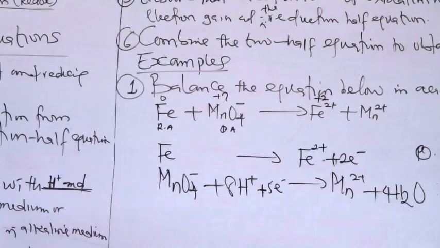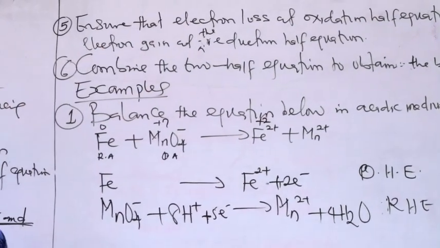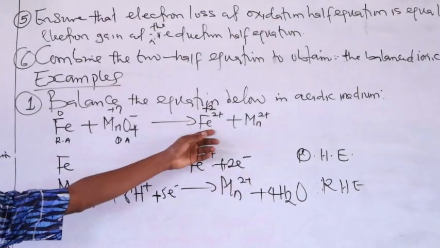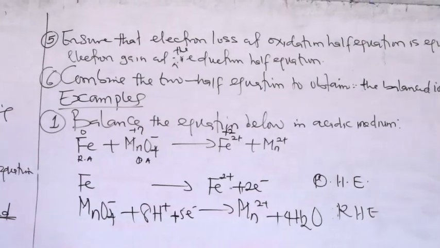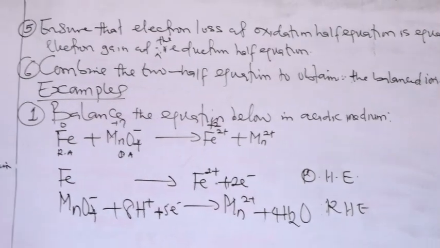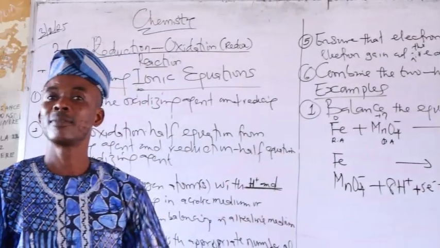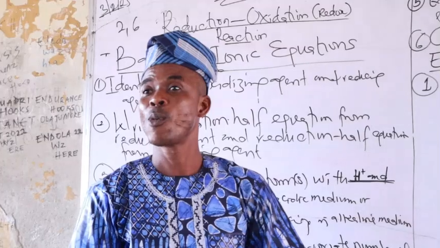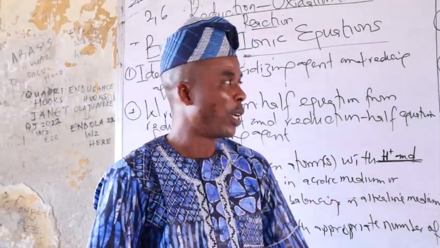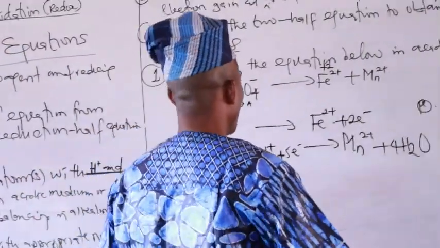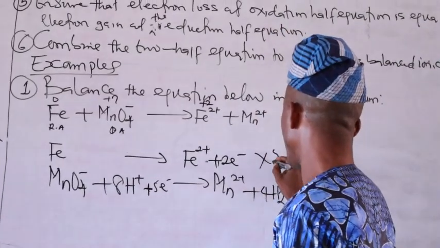I think we have explored what we have here. What is the next one? Ensure that electron loss at the oxidation half equation is equal to electron gain at the reduction half equation. If electron loss should be equal to electron gain, what do we do? We multiply equation 1 here by 5.